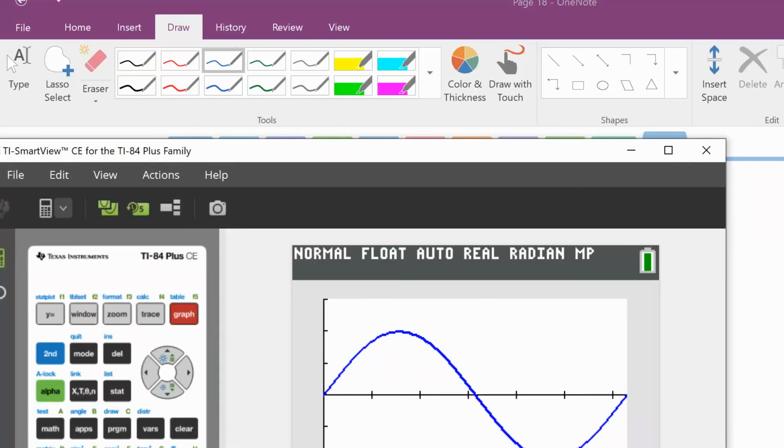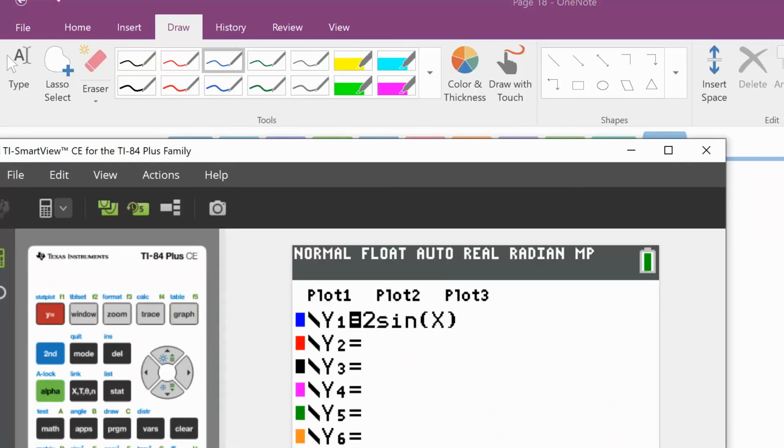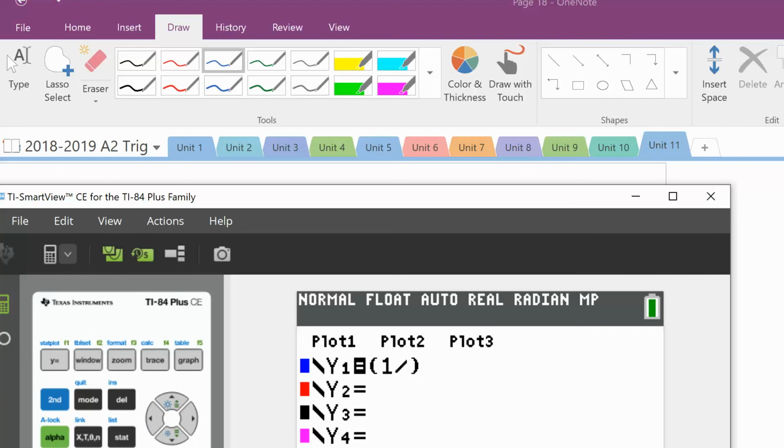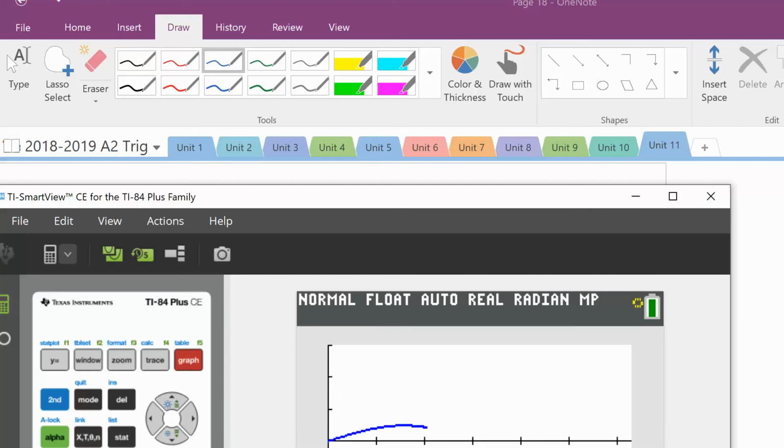Same thing if you put a half there. So if you put 1/2, notice it doesn't go up or down as much.